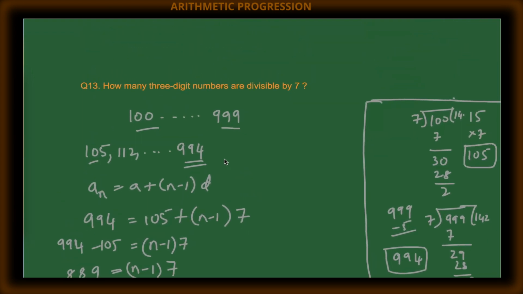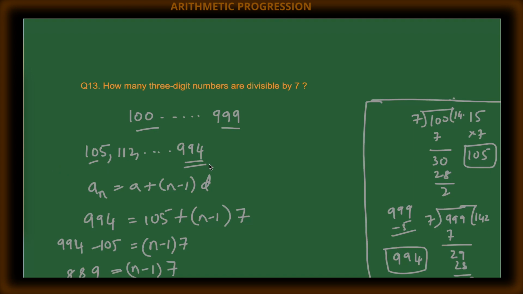Let's read the question again: how many 3-digit numbers are divisible by 7? First you need to find an arithmetic progression which gives you the multiples of 7, the 7 table. The hint is that it's a 3-digit number, so we know where the 3-digit numbers start and end. We need to make this in the form of multiples of 7. We found that 105 is the first 3-digit number divisible by 7, and the highest is 994.